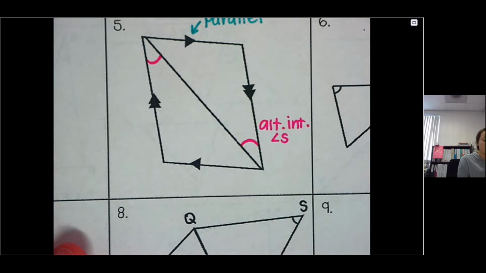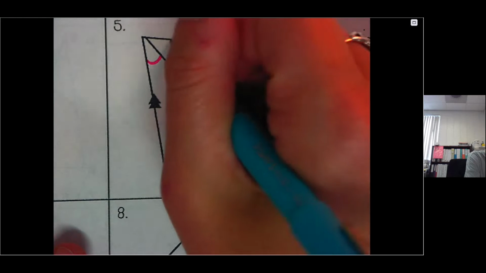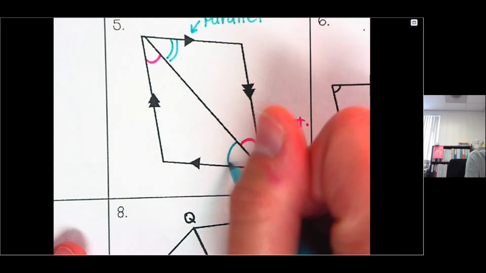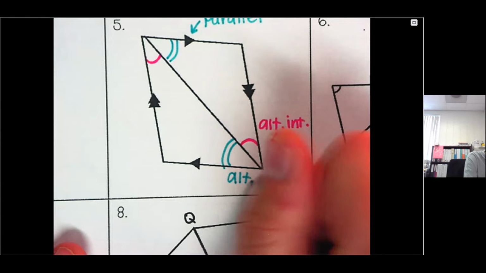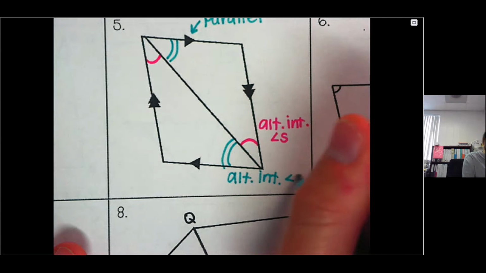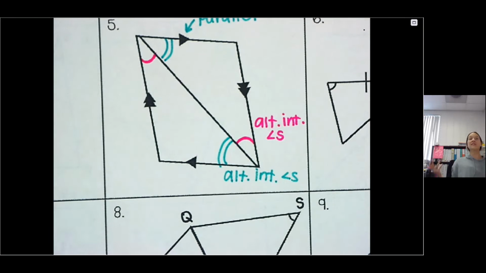They're congruent. Then you also have this second pair right here, and those are also called alternate interior angles. Again, more things that aren't marked for you because it's assumed you remember this stuff. Well, that's unfortunate for you, isn't it?